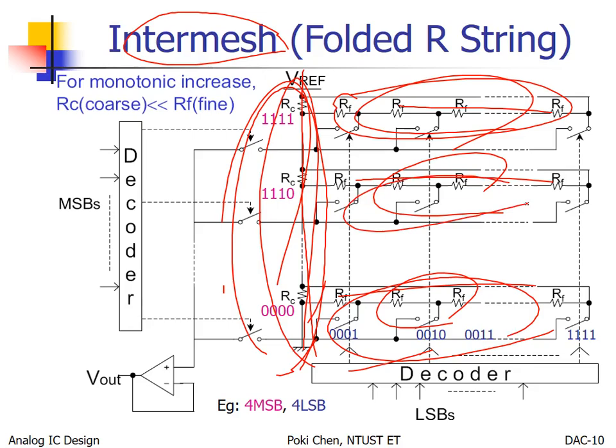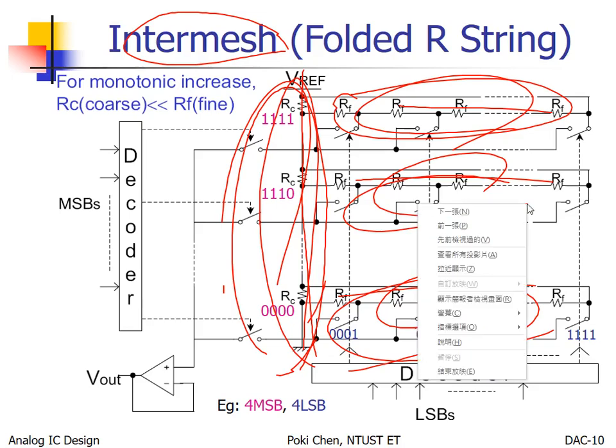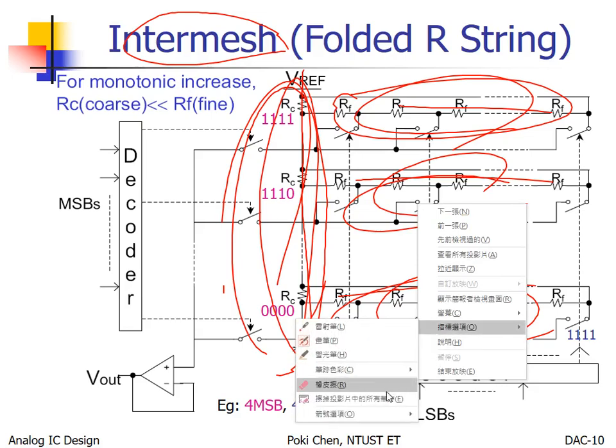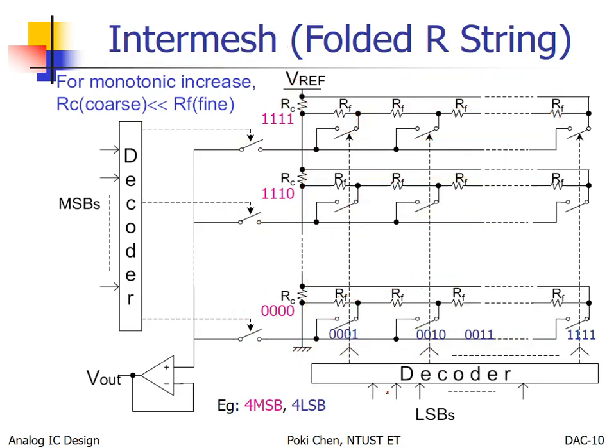If RC is much smaller than RF, you can see RC is in parallel with so many RFs.